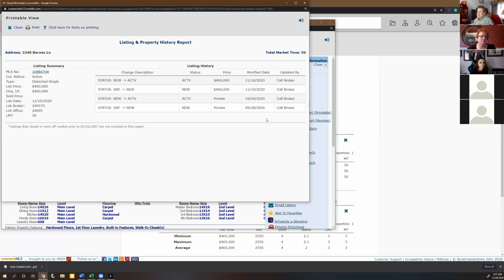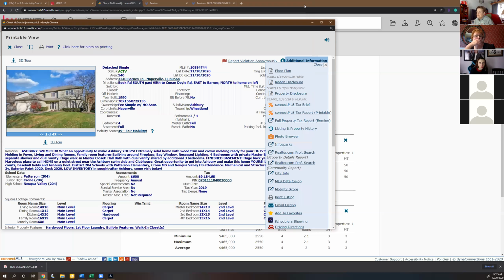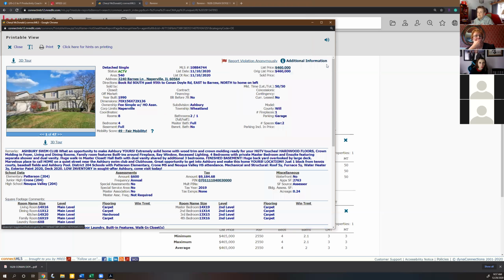So this one went on in September in the private listing network. It went active in November and it sold 6 days later. So there were no price reductions. I'm also going to take a look at the pictures and see how this compares to my property.